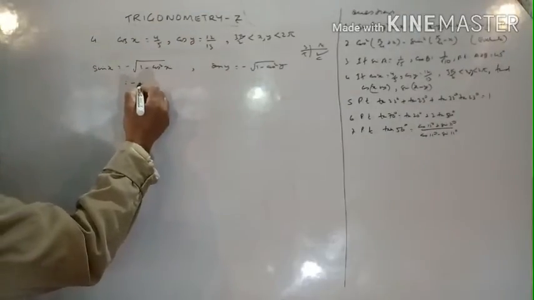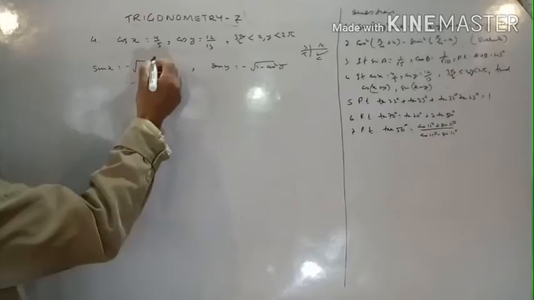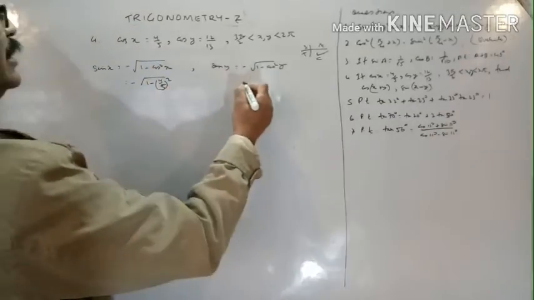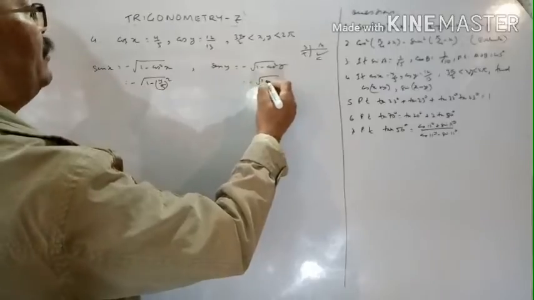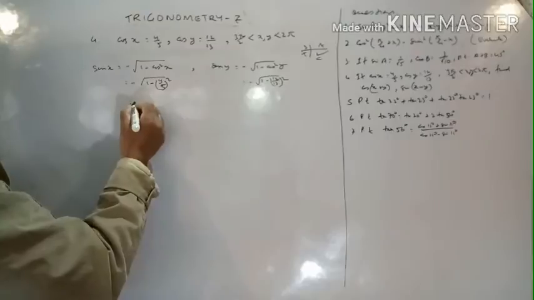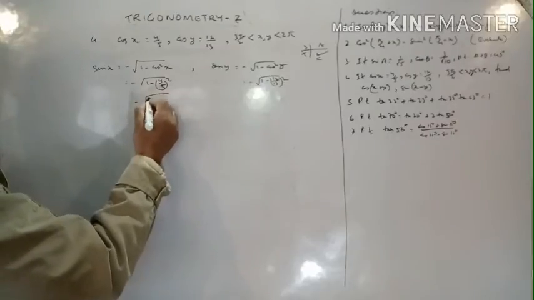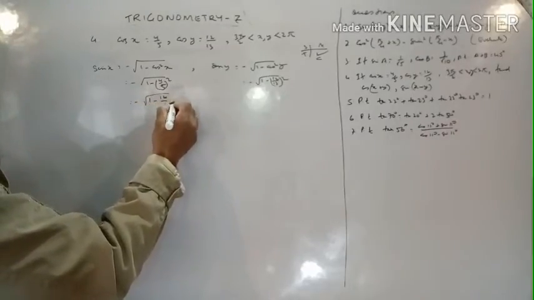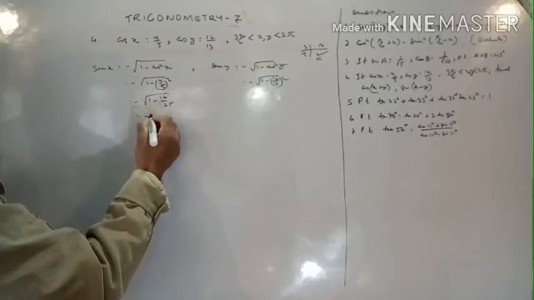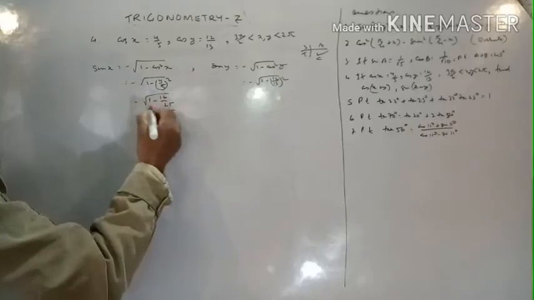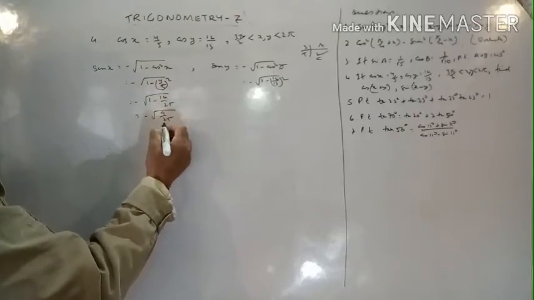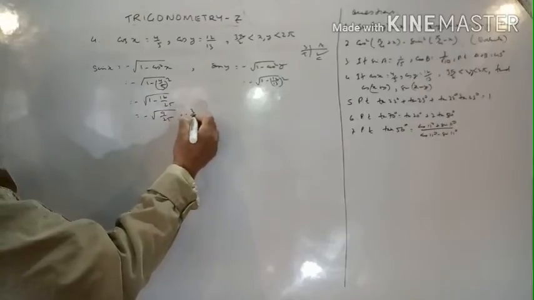So minus root over 1 minus 4 by 5 whole square, and here minus root over 1 minus 12 by 13 whole square. You get 1 minus 16 by 25, so if you take LCM, 25 minus 16 is 9 by 25, so that is minus 3 by 5.